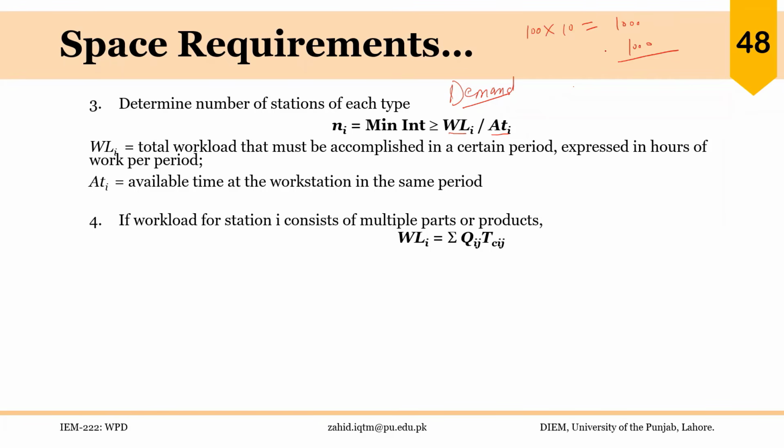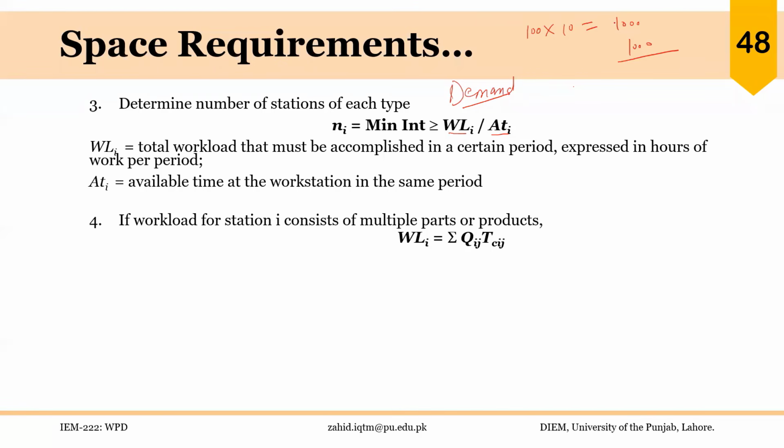So we could be making these calculations for a day, for a week, for a month, for a certain time period. If this demand is for a quarter, then we have to take available time for a quarter as well.